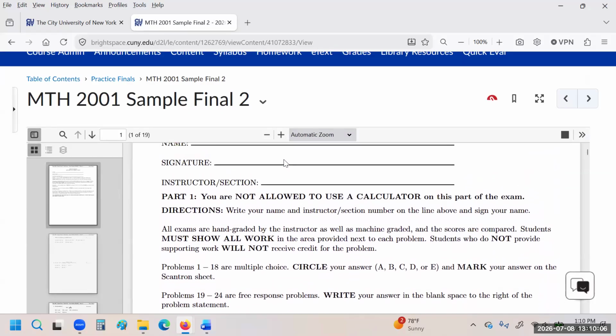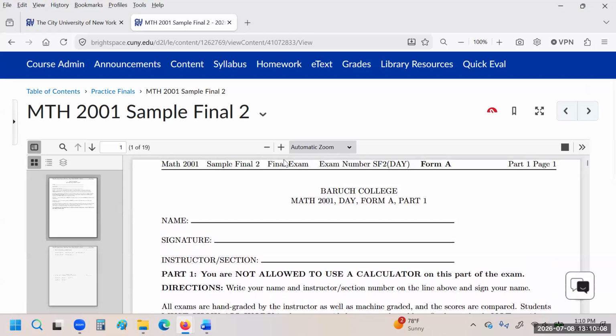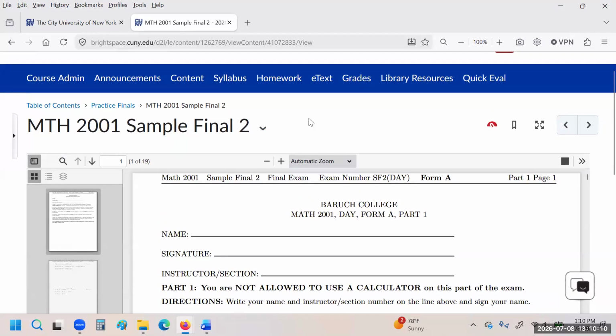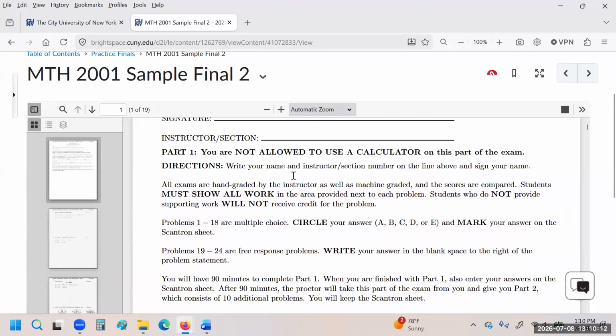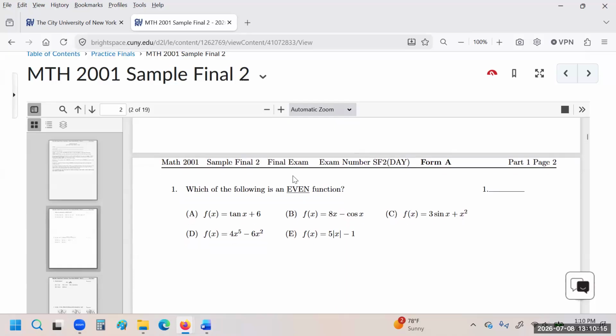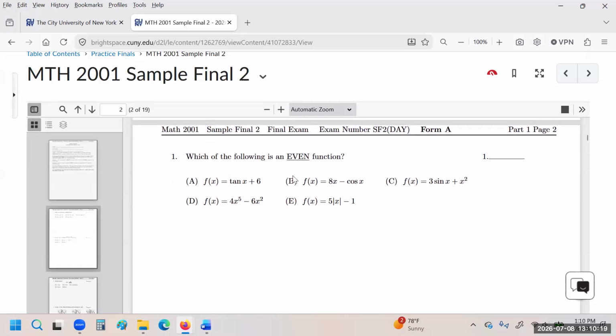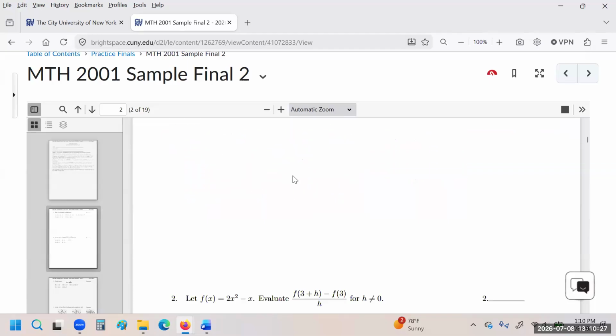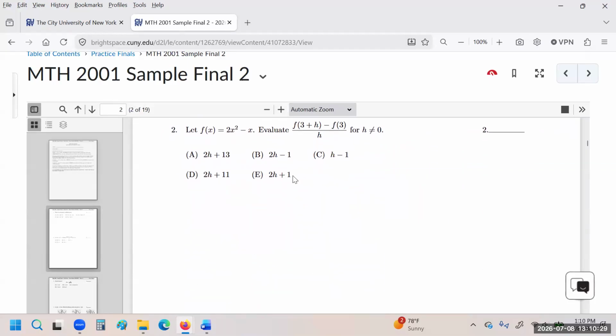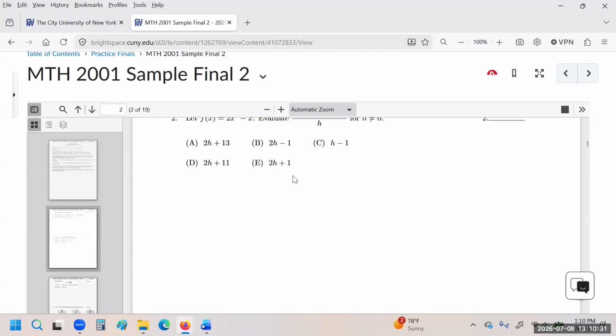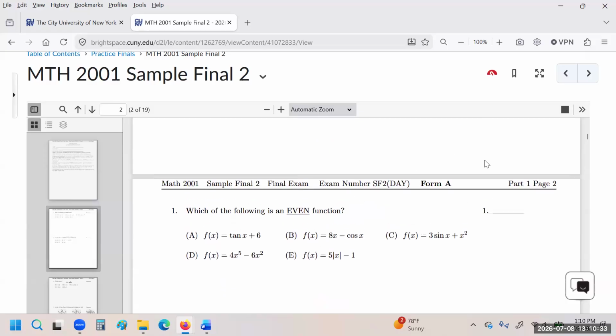But they look pretty much like the final exam. We are not allowed to share. We are not allowed to share. Yeah, but it looks pretty much like the old final. So let me download this one.